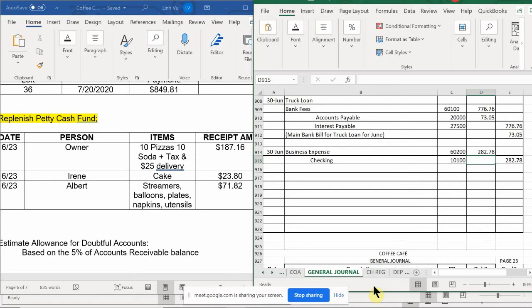You don't want to increase it all the time or decrease it all the time. You want it to stand at one solid number for a while. So this is how we journalize this replenishment of the petty cash drawer: now that we're putting money back into the cash drawer, we have to recognize the expenses that we made.